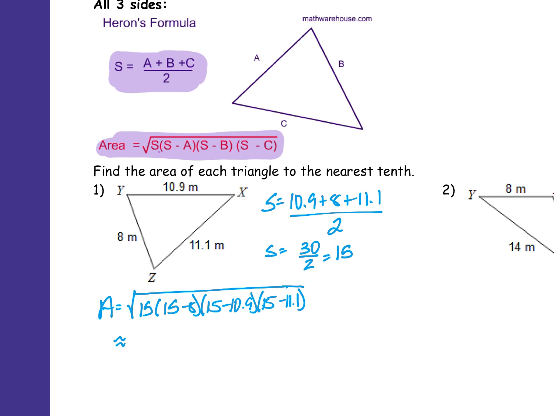I'll show it to you in just a second as soon as I get it in here. Control square root of 15 times 15 minus 8 times 15 minus 10.9 times 15 minus 11.1.